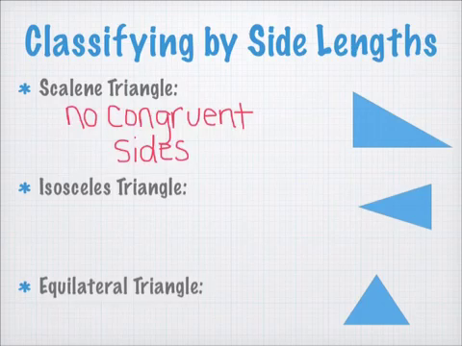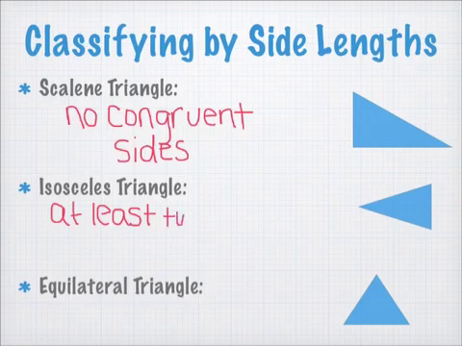What's an isosceles triangle? A triangle that at least has 2. Good. And I love that you use the word at least. Okay? So an isosceles triangle has at least 2 congruent sides.